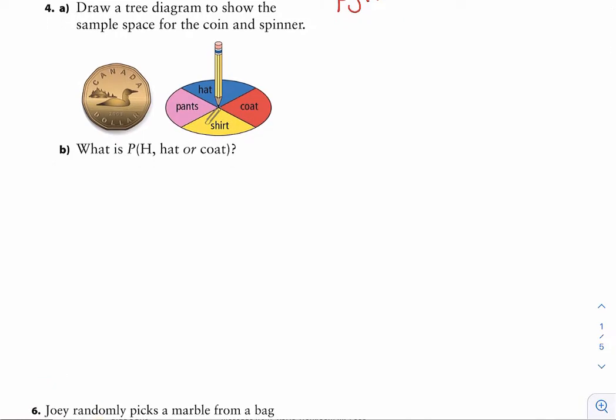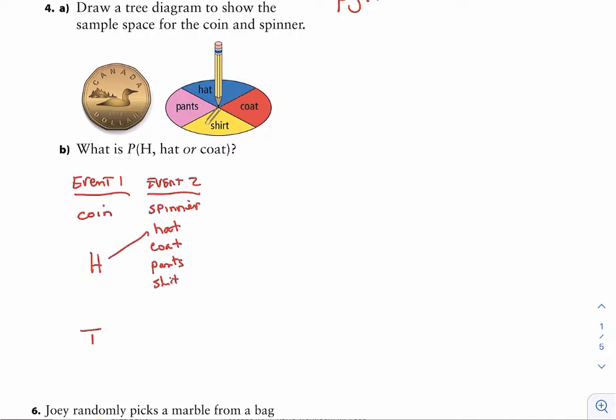Again, I always like to do the one with the fewest outcomes first, which would be the coin. We have heads and tails. Event 2 is going to be our second one, which is a spinner. Then I list each of those, and this one's going to be hat, coat, pants, and shirt.